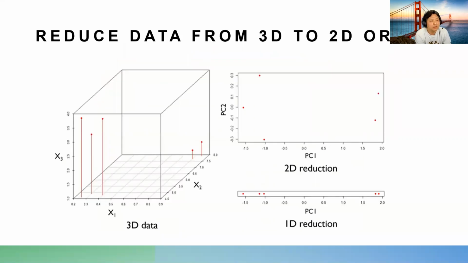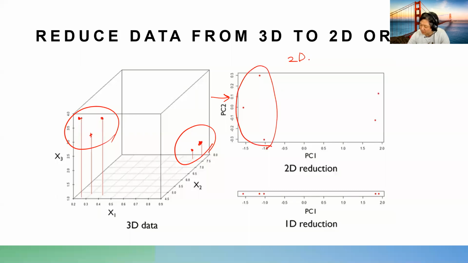So here is an example of data reduction. So this is 3D. Let's say we have some data like this, right? So this is 3 dimensions. If you want to classify this data set into 2 parts, it's pretty obvious, right? Maybe we can classify this one group and this one group, right? So this is 3 dimensions. But if we reduce to 2 dimensions, we can reduce like this.